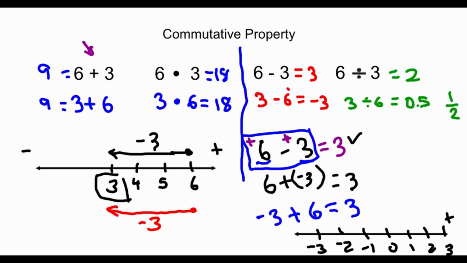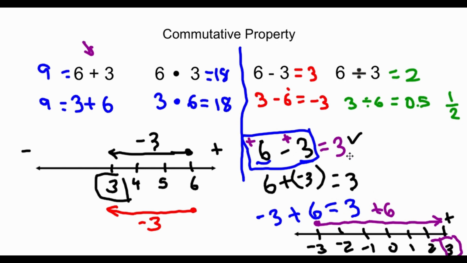So starting at the negative 3, I have to move 6 units: 1, 2, 3, 4, 5, 6 units to the right. So I'm adding 6 units to the negative 3. I end up at the answer, which is 3.